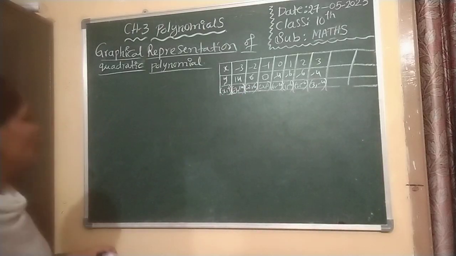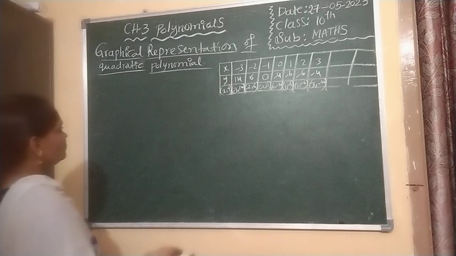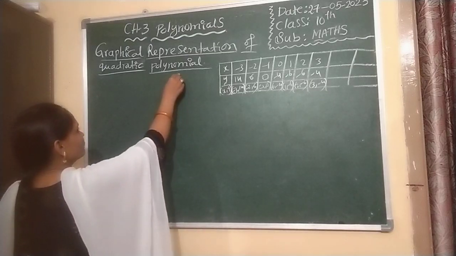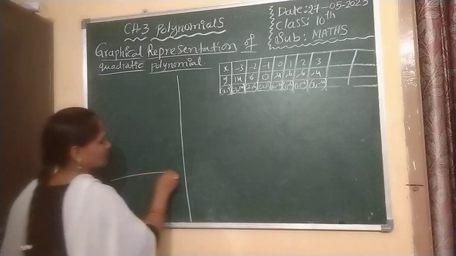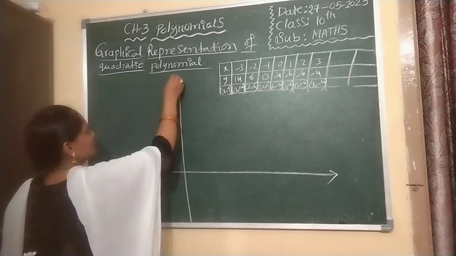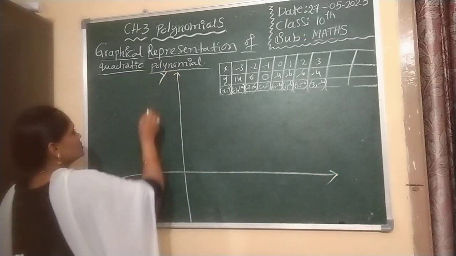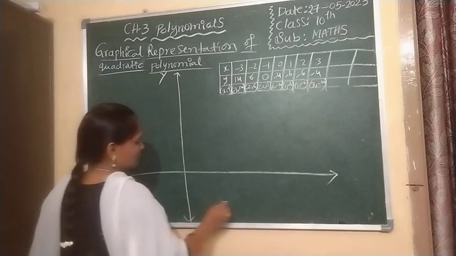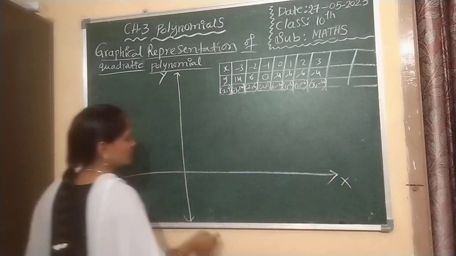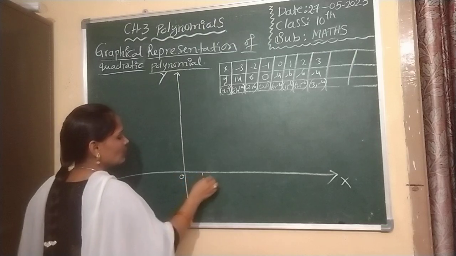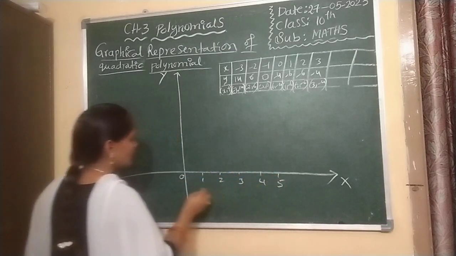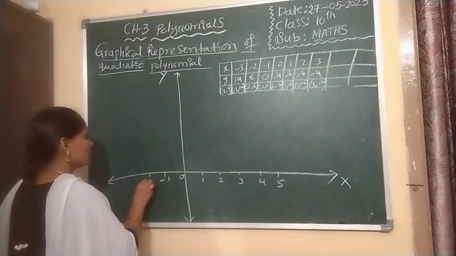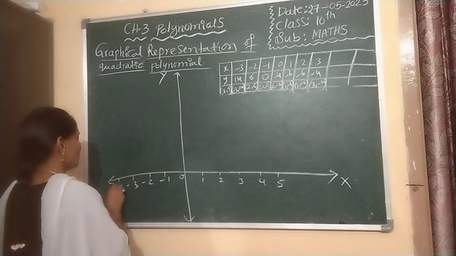So for that I am taking the xy axes. This is y, this is x. This is 0, 1, 2, 3, 4, 5, enough, minus 1, minus 2, minus 3, minus 4, enough.